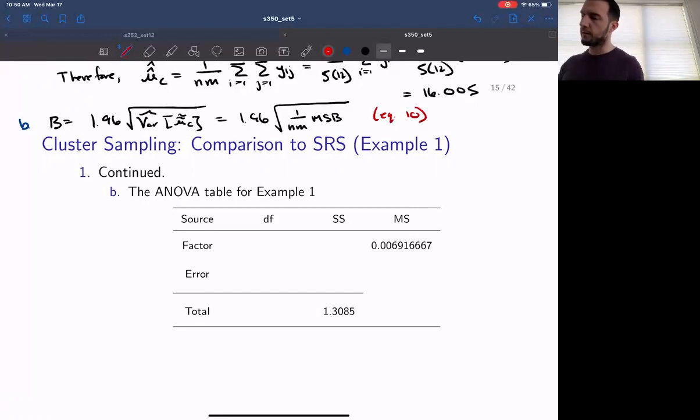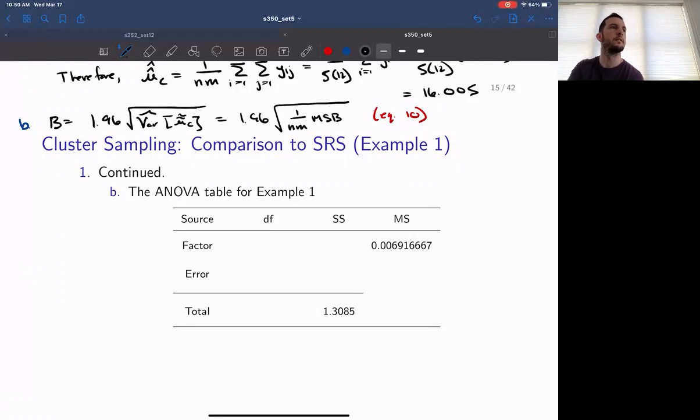All right, so the purpose of filling out the ANOVA table is to help us find this estimate of the MSB. You can see that here we have a traditional ANOVA table, but we don't have the F value because we're not looking for significant difference between the cluster averages in this case, though we could do that. What we want to do here is just work out the values for the table.